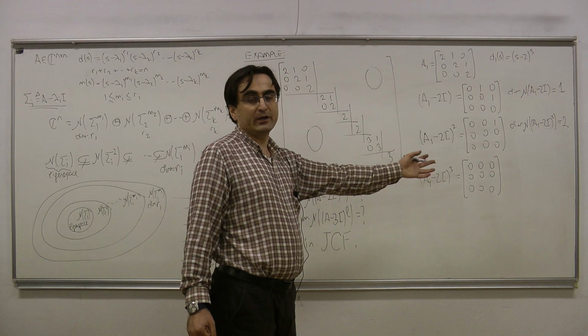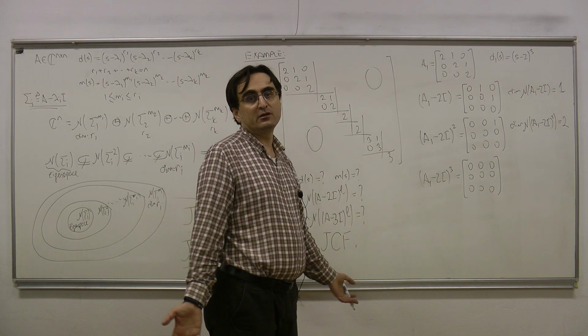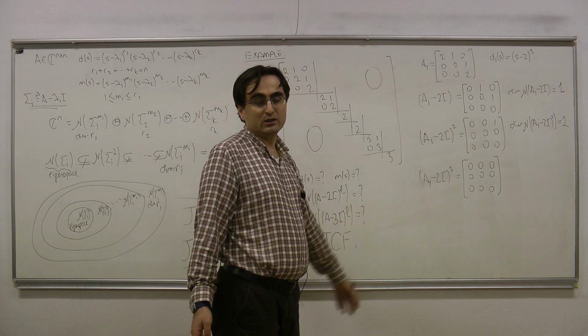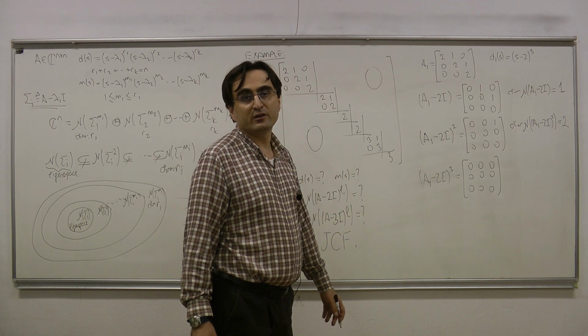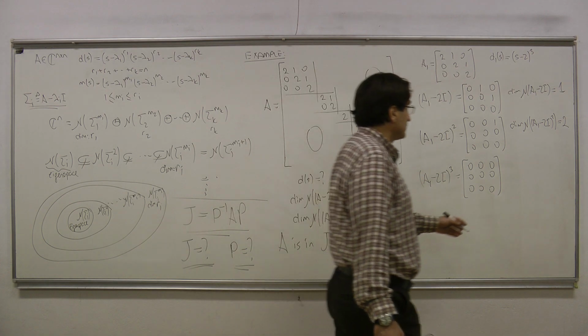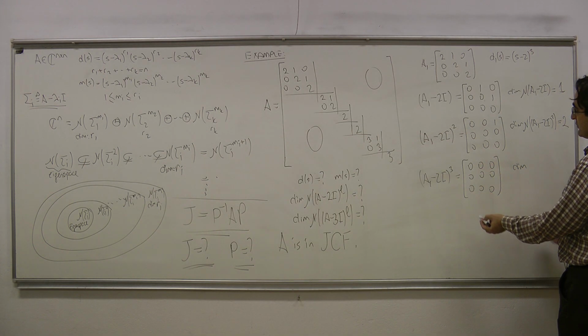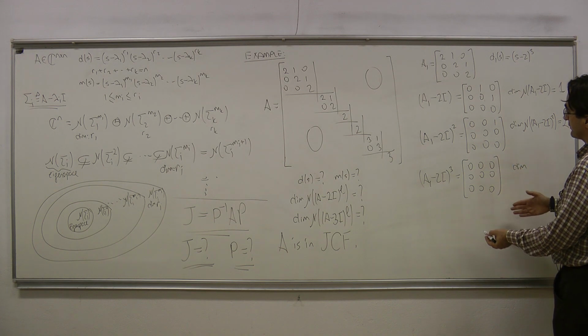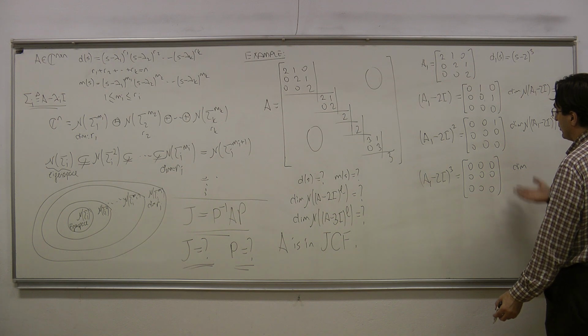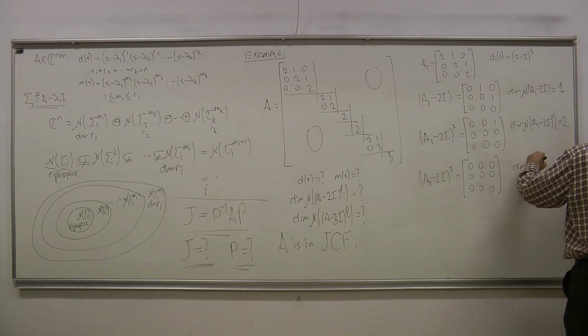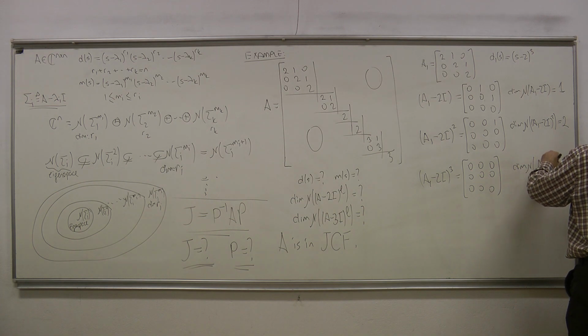The number of linearly independent columns is 0, there are no non-zero columns here, therefore the rank is 0. What about the null space dimension? For any vector in C3, if I multiply that vector with this matrix, it is going to be 0. Therefore, all vectors in C3 are in the null space. That means the dimension of the null space of A1 minus 2 identity cube is 3.